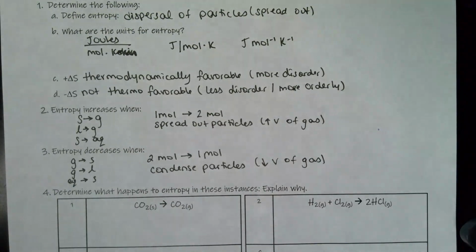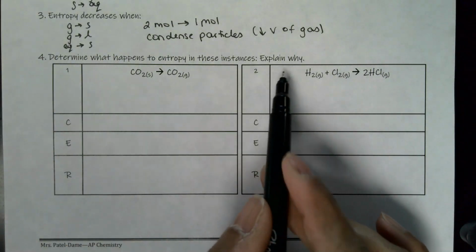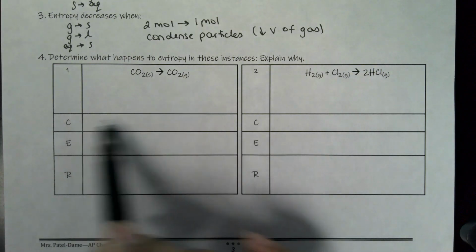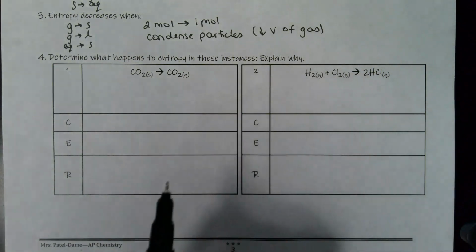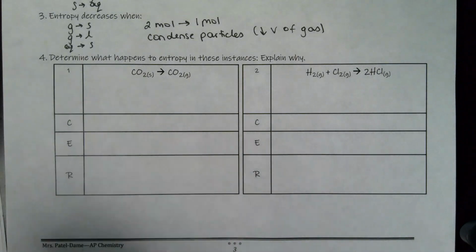So we have several systems that we'll be dealing with today. We're going to figure out what happens to entropy in these systems. We'll draw a model, talk about a claim, give some evidence and some reasoning. That evidence and reasoning part can kind of blur a little bit.